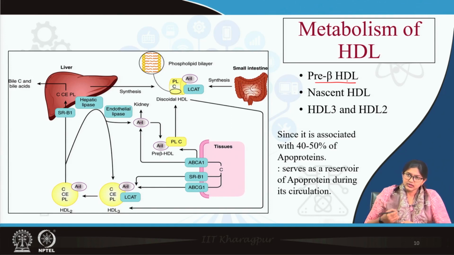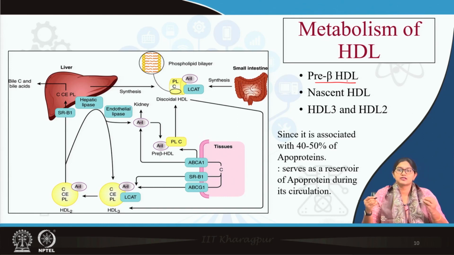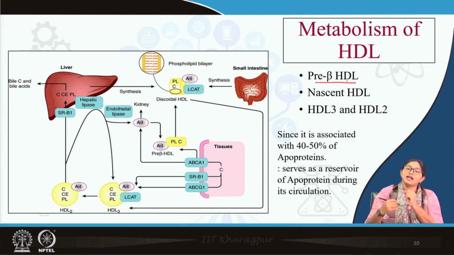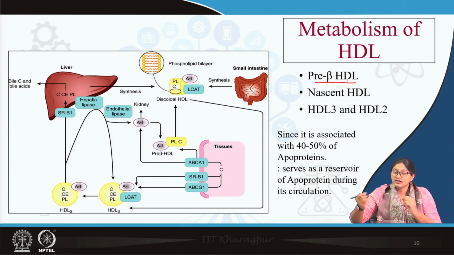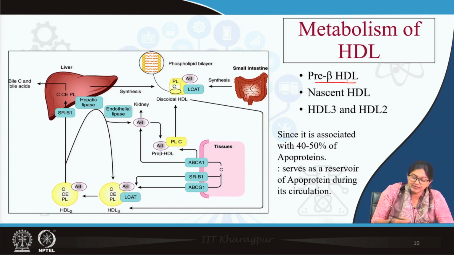Now, this pre-beta HDL, when it comes to circulation, it is such a small particle, it circulates through the capillary and comes in contact with the extrahepatic tissues. From extrahepatic tissues, there is transfer of phospholipid and cholesterol, mostly cholesterol, to this pre-beta HDL.